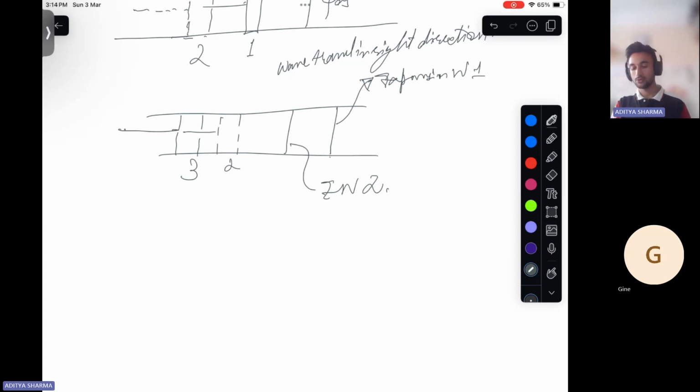If one wave is moving, then another wave is moving, and this other wave's propagation speed is higher than the previous wave, right? So at some point in future, these waves collide.